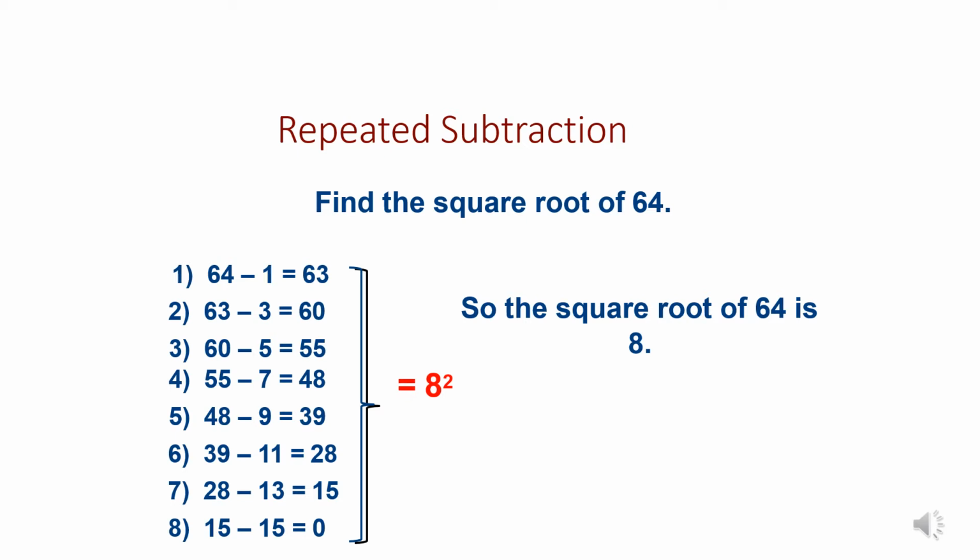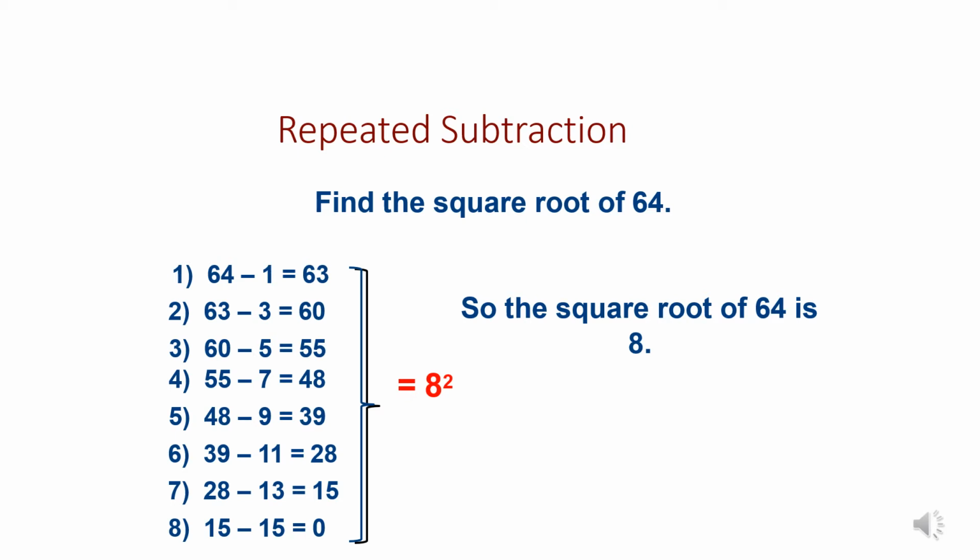So, from the 64 given, we subtract 1 first, and the remaining number is now 63. Then the next odd number we need to subtract is 3. Similarly, we keep subtracting the odd numbers from the remaining numbers. At the end, when we subtract 15, we get the result 0.